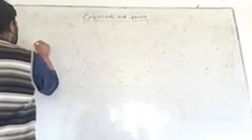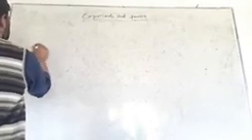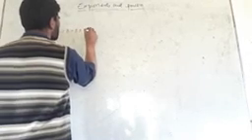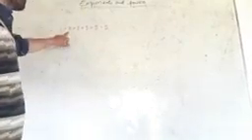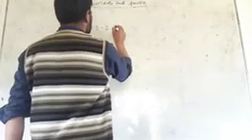If we are asked to find the value of 2 raised to power 6, this number is in exponential form, and when we find its value, it can first be written in expanded form: 2 is 6 times, 2 into 2 into 2 into 2 into 2 into 2. 2 2s are 4, 4 2s are 8, 8 2s are 16, 16 2s are 32, 32 into 2 is 64. This is its value.